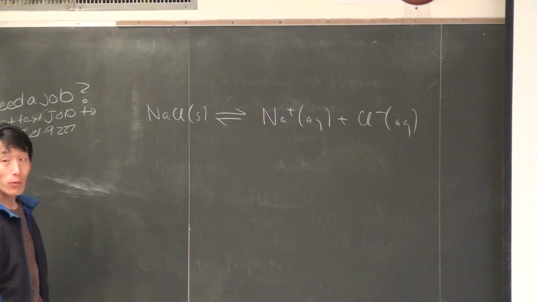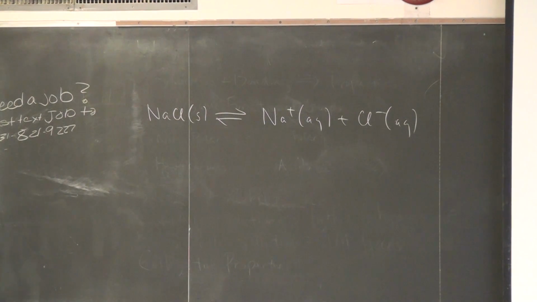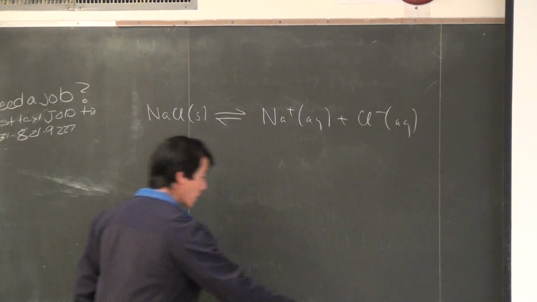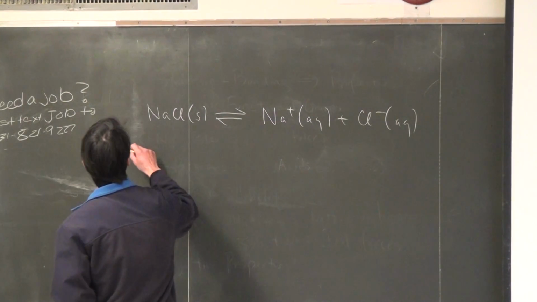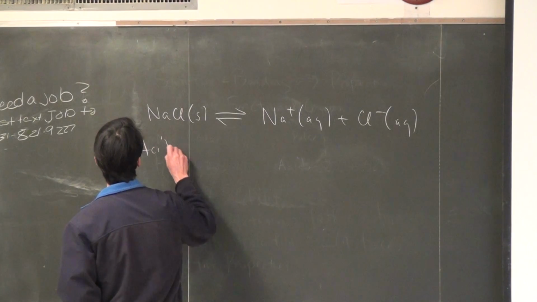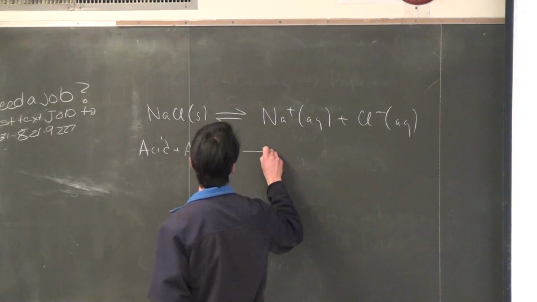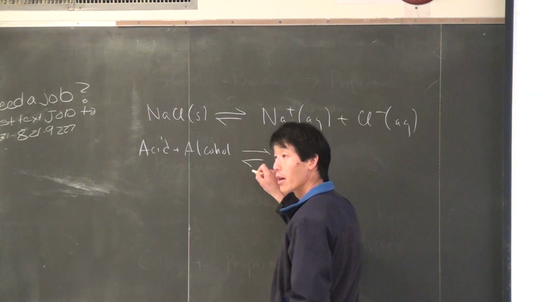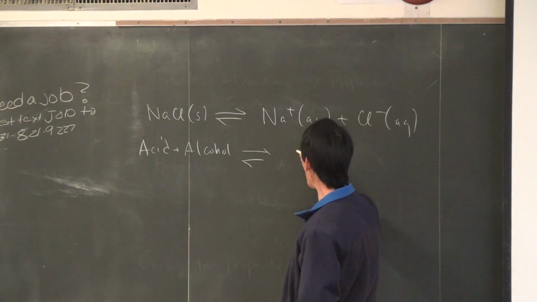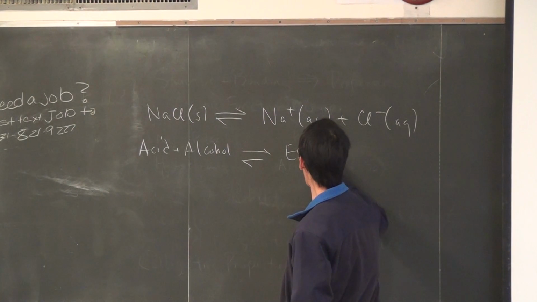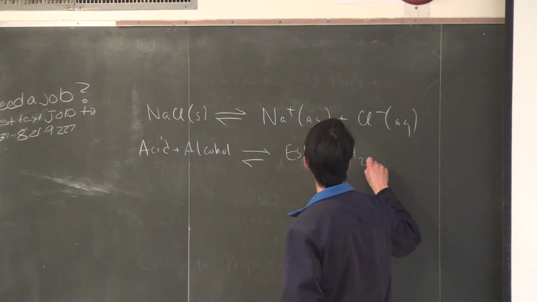So in an equilibrium reaction, the reaction goes in the forward direction and the reverse direction. And then also at the beginning of the semester, we looked at this reaction. We reacted an acid plus an alcohol to make an ester plus water.